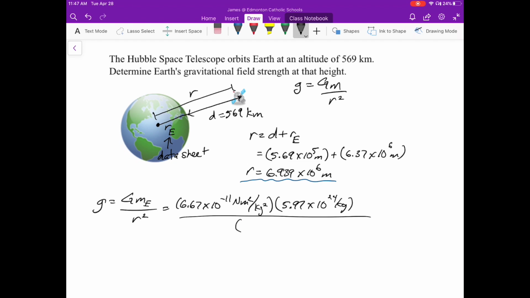Divided by our distance that we got from our previous step, 6.939 times 10 to the 6 meters squared. And we get the value at that location of 8.27 newtons per kilogram.